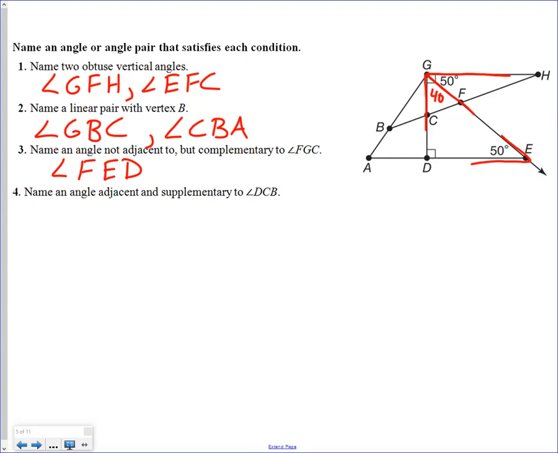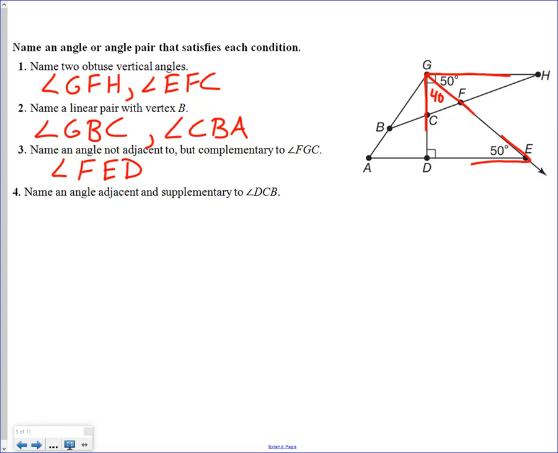In other words, FGC and FED are complementary because one of them's 40, one of them's 50, that totals 90. Again, that's not to say that FGH is not complementary. However, it is adjacent, so it didn't fit the context that we had.